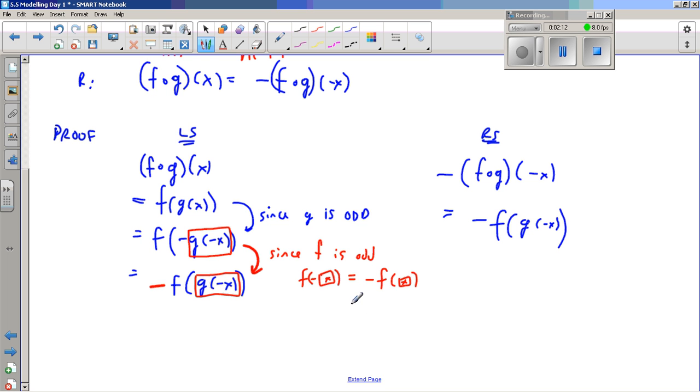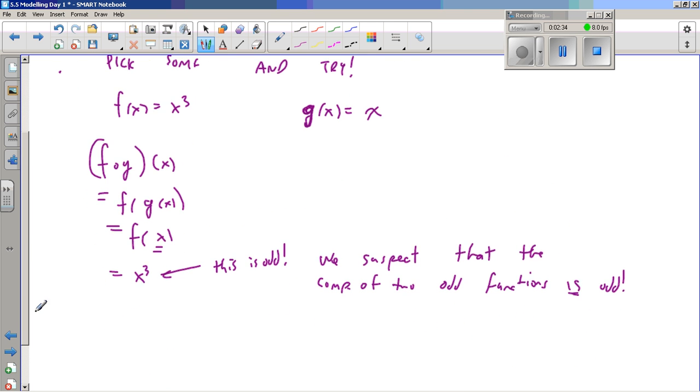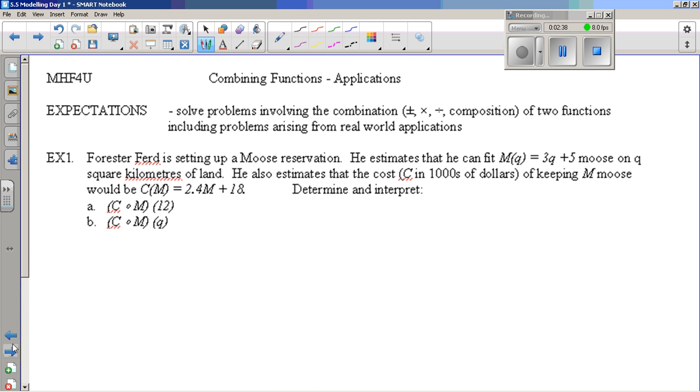That's exactly what I have on the right side. Left side equals right side, and a composition of two odd functions is odd, just like we expected. You have to be able to do it this way, and that's the proof, and that's good for getting ready for university.